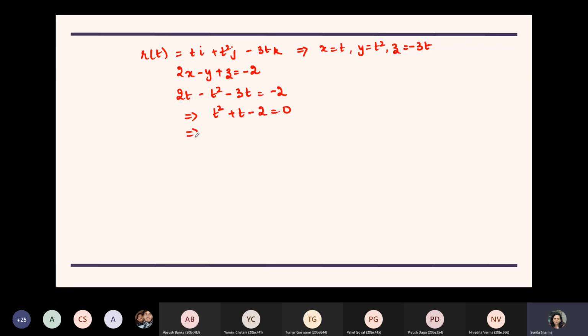So what values of t do we get from here? Ma'am, 1 and minus 2. 1 and minus 2. Okay. So at these two values of t, I'm going to get a point which lies on this curve as well as on this plane, when I put t as 1 and t as minus 2. When I put t as 1, the value of r(t) is i plus j minus 3k.